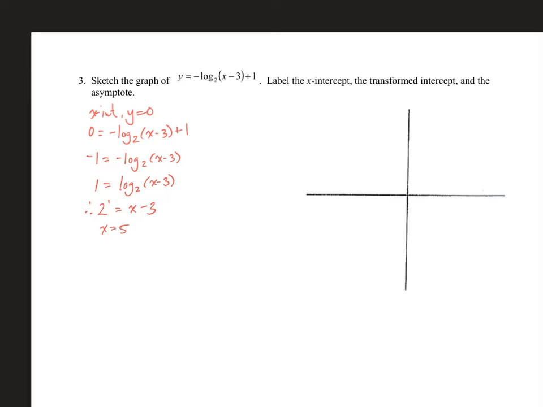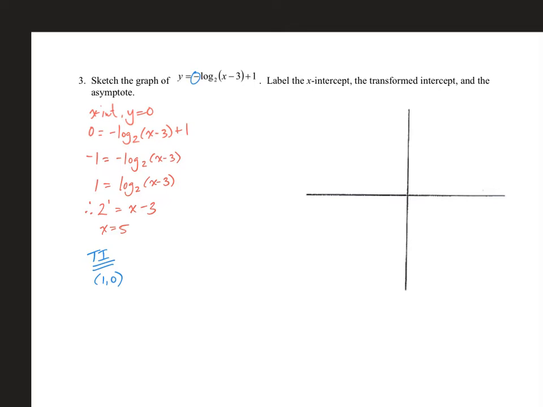The next thing that I can look at is examining my transformed intercept. However, to find out my transformed intercept, I need to be able to interpret all the transformations in my graph. So I am going to be taking the point (1, 0), which is where every log graph has an x-intercept, and I'm now going to transform it. First thing I'll notice, my negative out in front means reflect across the x-axis.